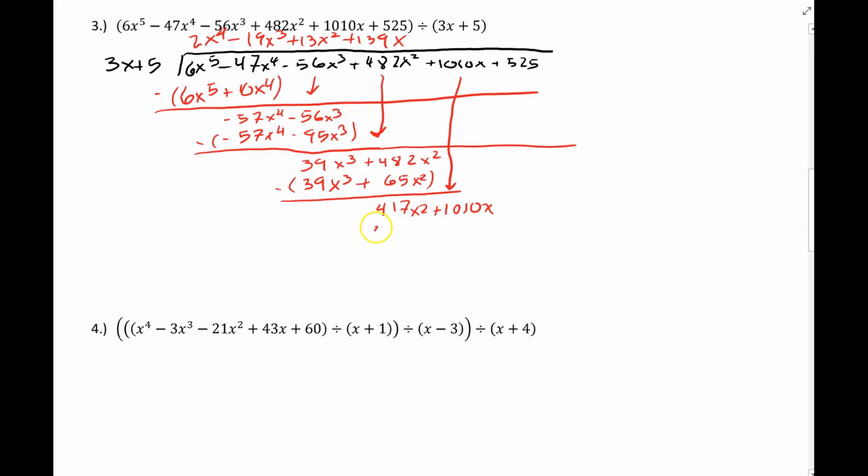So if I go and I multiply that to each term of the divisor, I get 417x squared plus 695x. Obviously, I type those into my calculator. I'm not doing that in my head. I mean, I guess I could if I really wanted to, but like, nobody really wants to do that.